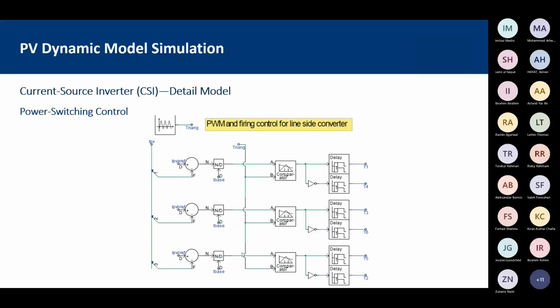This type of comparator you can use in PSCAD to define the control for the PWM. If we need to change the switching sequence in response to certain disturbances or output, that can be very easily done.